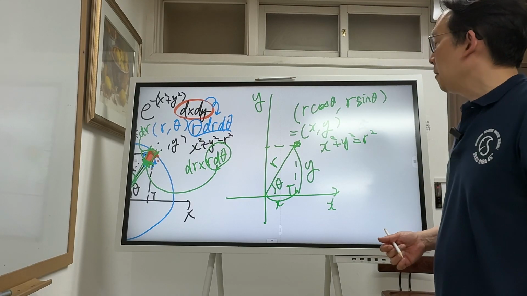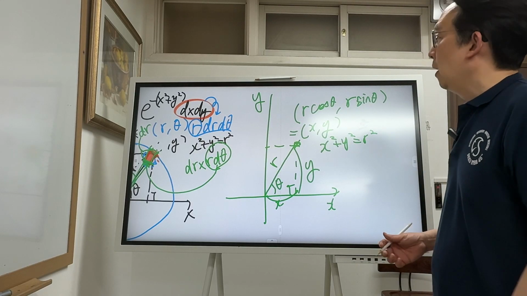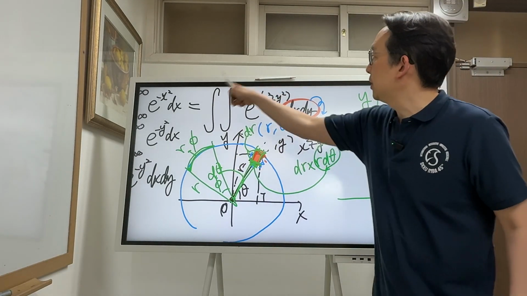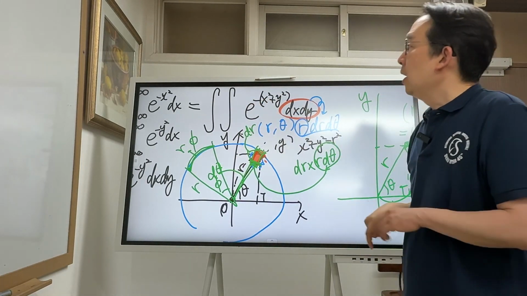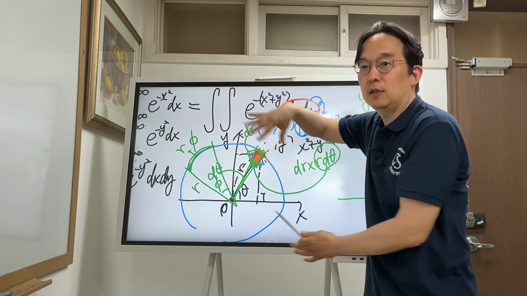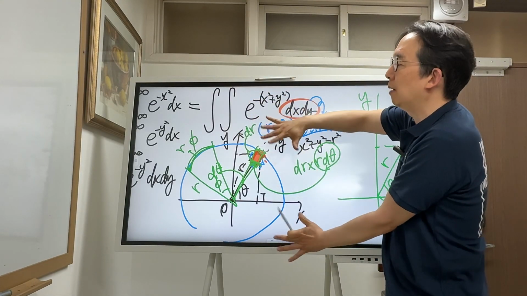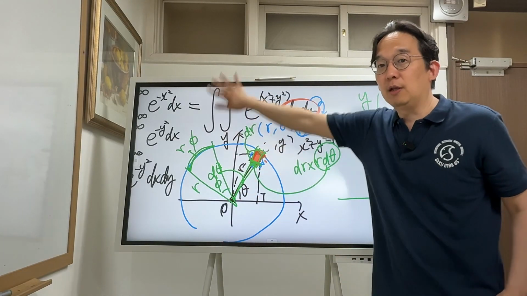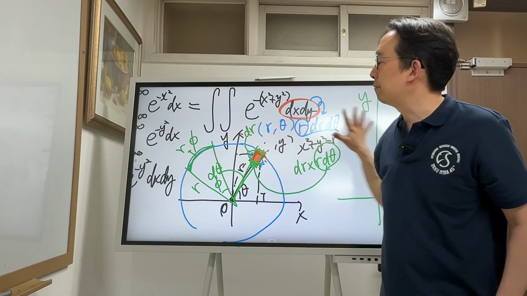And this integration is an integration of a 3D bell-shaped object across the 2D dimension, the flat XY plane.